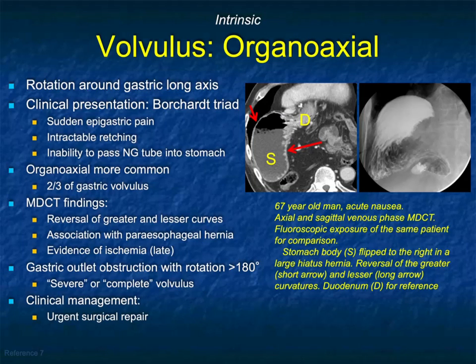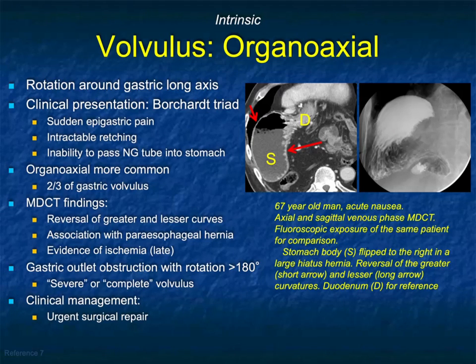It's a rotation around the gastric long axis. There's a presentation, epigastric pain, intractable retching, inability to pass an NG tube into the stomach. That may be one of the best clinical signs, and this is all part of Borchardt's triad. Organoaxial makes up 2/3 of gastric volvulus.